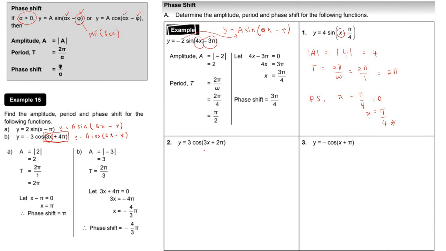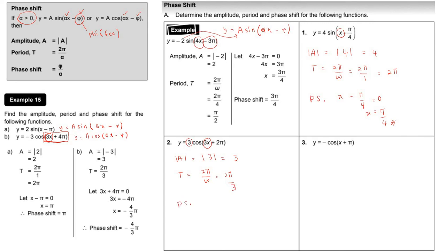Question 2, y equals 3 cos(3x plus 2 pi). Amplitude 3. So modulus 3. And then to find period, 2 pi over omega. Our omega here is 3. So 2 pi over 3.